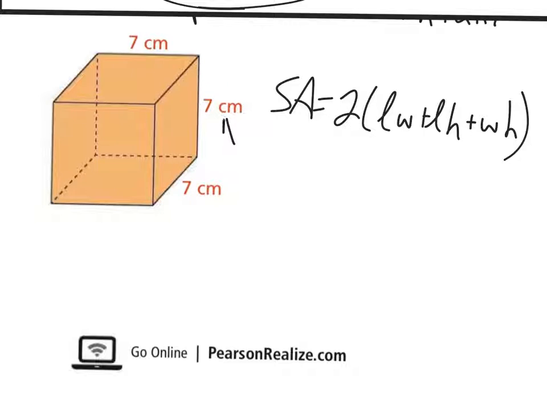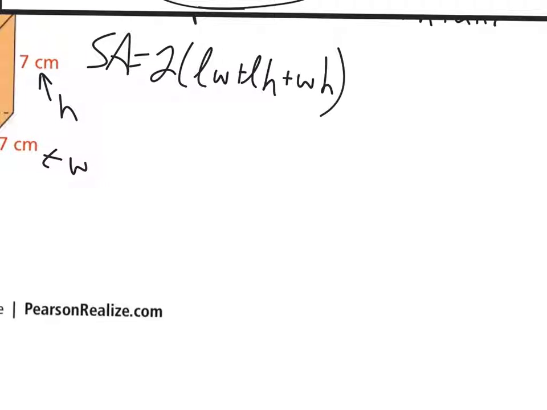In this case, our height is 7, our width is 7, our length is 7. We can't really mess this up too easily. Anywhere there's a variable, we're substituting with the 7.